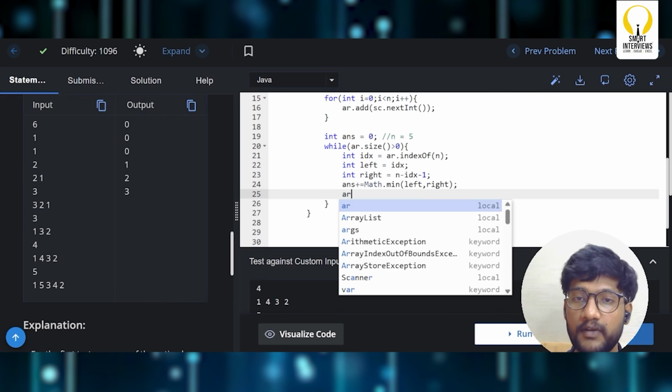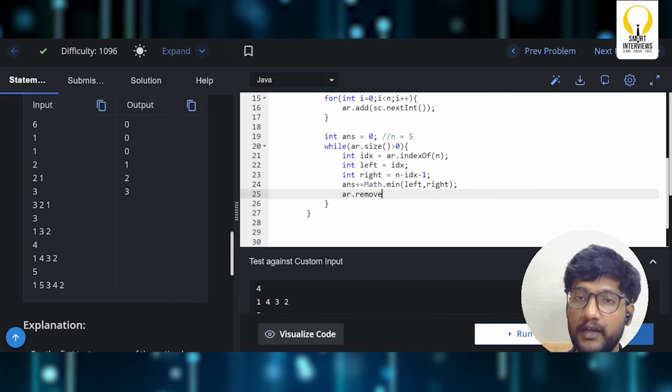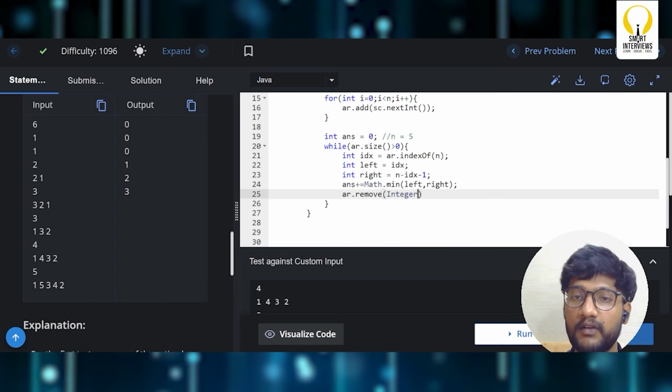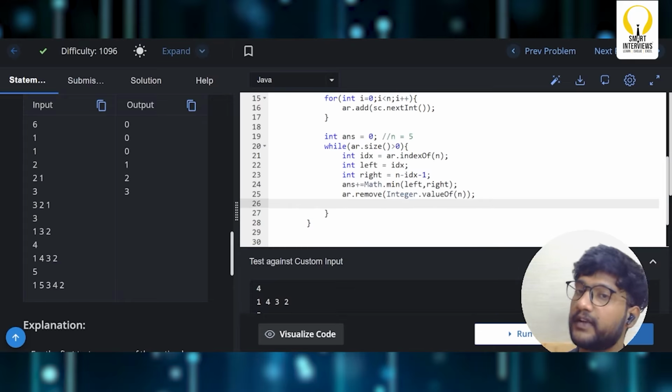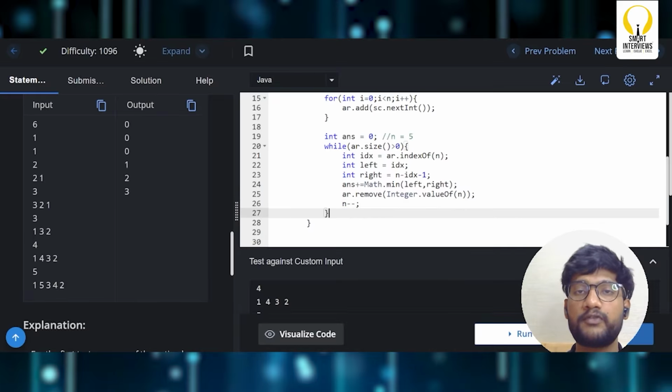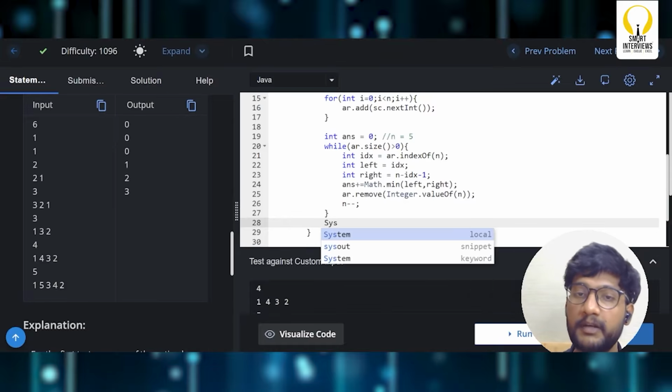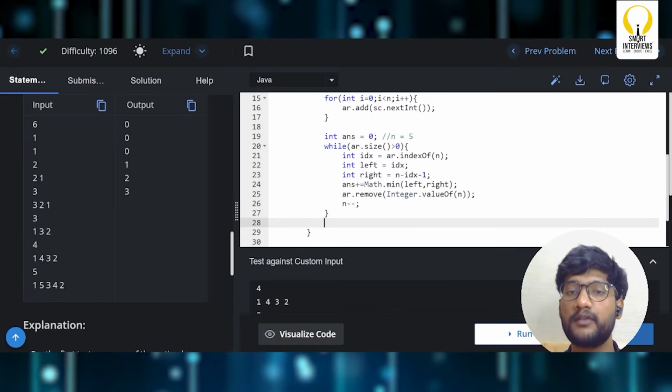We have the remove method: array.remove, with that value as an integer, so Integer.valueOf(n). Now I have removed that n from my array. Now I need to decrement my n as well, because one person is going to be removed, so n is going to decrease. I'll simply repeat this entire process until my size is 0.